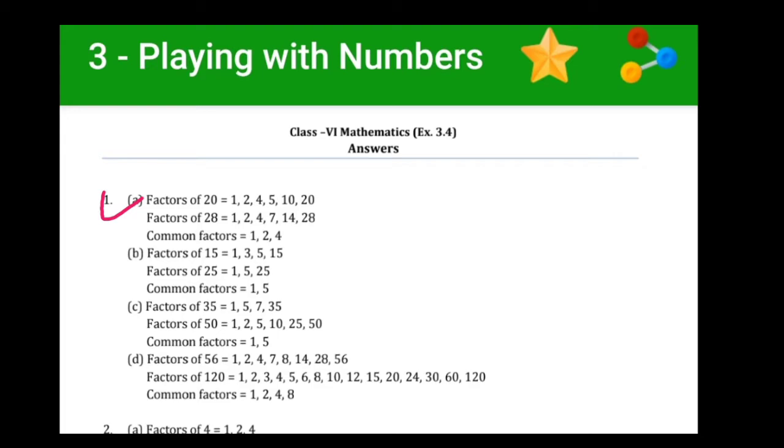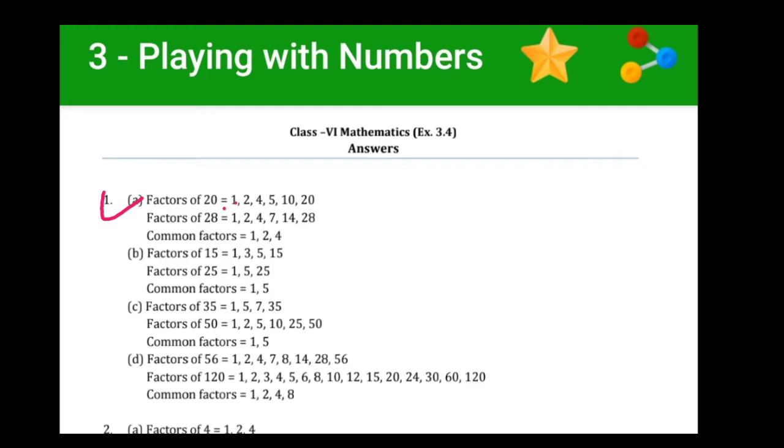Factors of 20: any number that divides 20 is said to be a factor of 20. For every number, 1 is a factor and the number itself is also a factor.